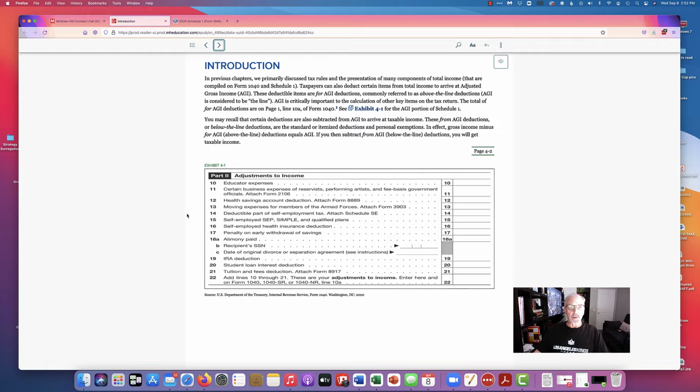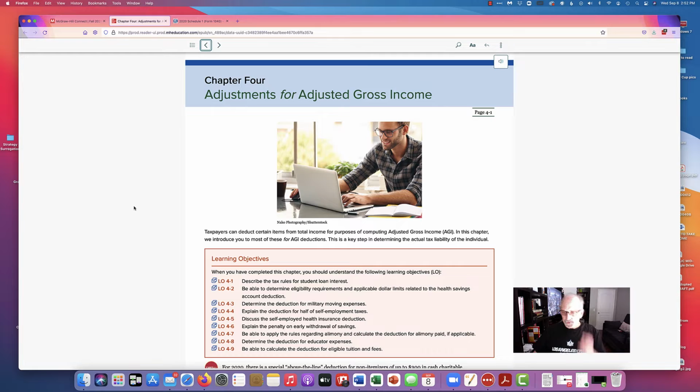Learning objective number 1, let me go back here. Describe the tax rules for student loan interest. In 2020, interest paid on higher education loans was deductible up to $2,500. It's designed, however, for the benefit of low and middle income taxpayers, so there are income limits.